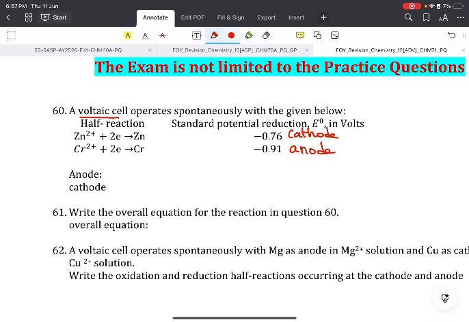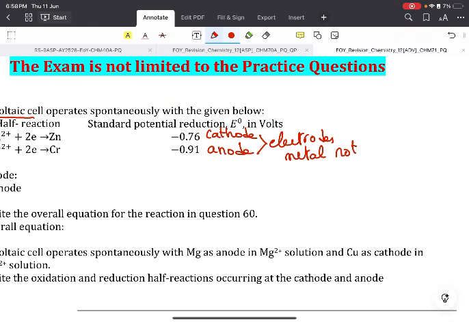Now they want to know which one is the anode, which one is the cathode. So that's the cathode. Now are you going to answer this or this? Remember, these two are electrodes. Cathode and anodes are electrodes. And electrodes is a metal, not an ion.